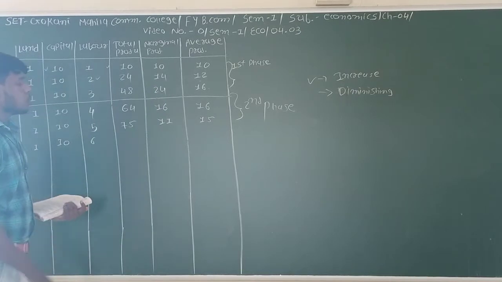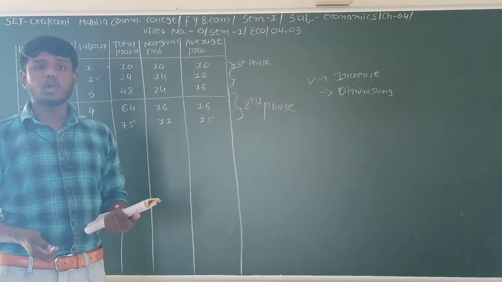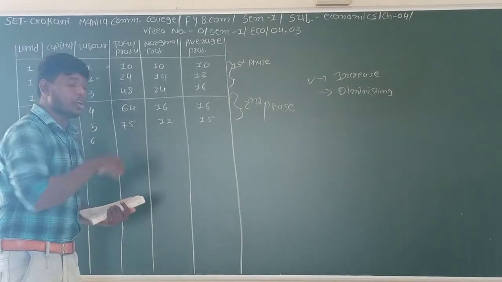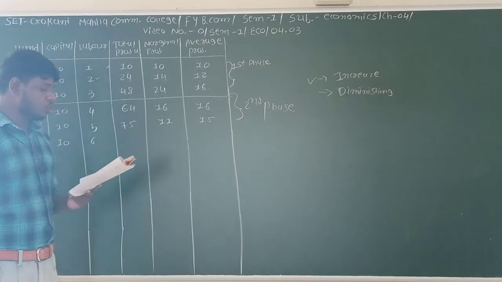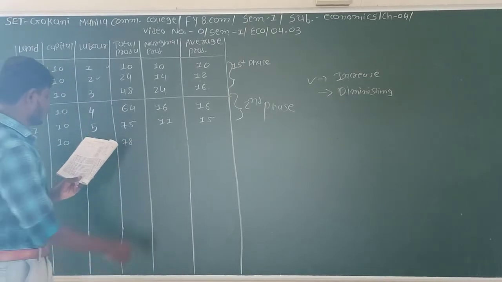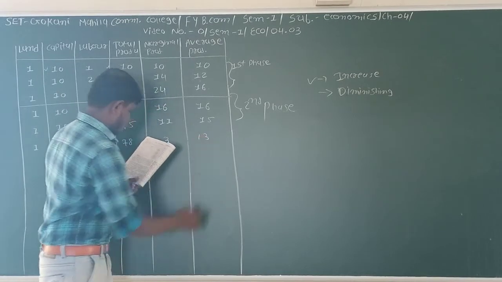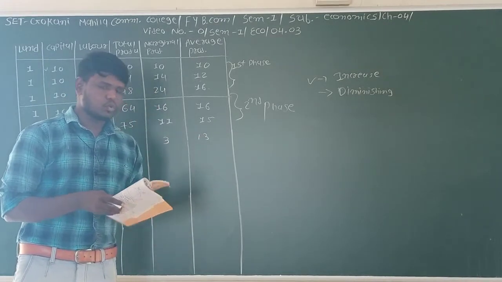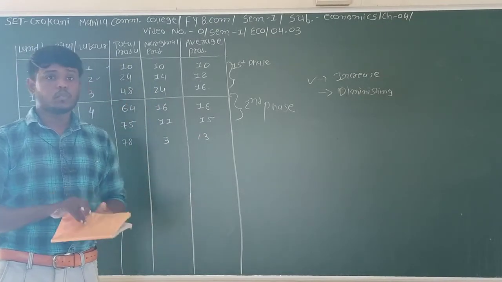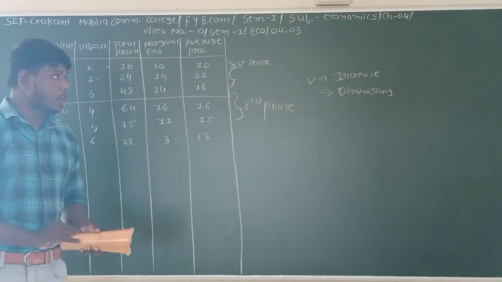So here you can clearly say, let me write one more thing so you can clearly understand this topic. Say for example 78, 3 and 30. Yes.